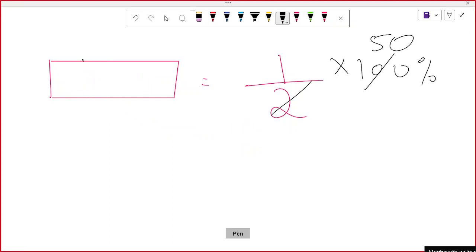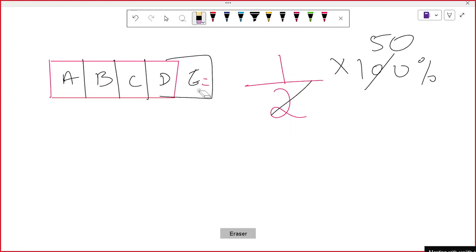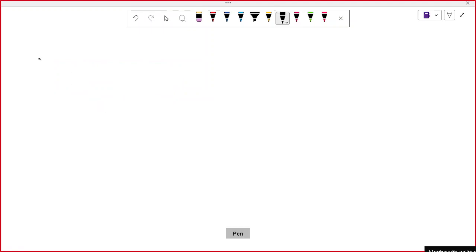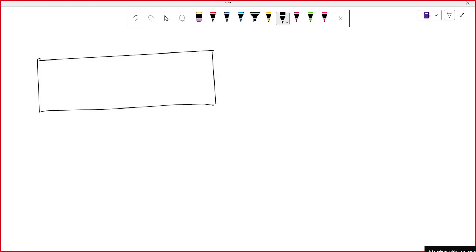Okay, the same chocolate, now there are 5 students. A, B, C, D, E. I've cut this into 5 parts. So out of these 5 parts, you'll have to calculate the percentage. For percentage, remember we always require a fraction.